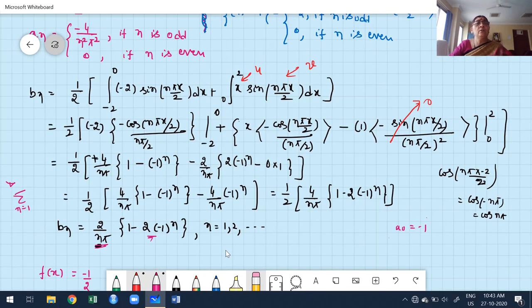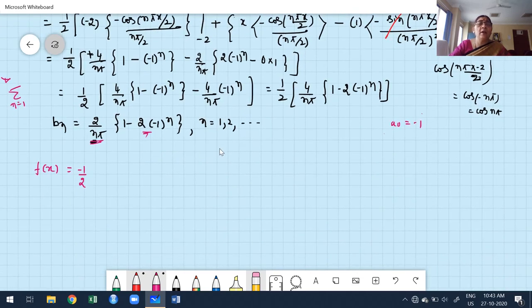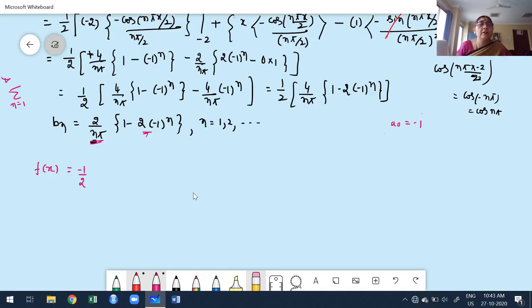In the odd case, what's the value? Minus 4 by n square pi square. What's a constant? Minus 4 by pi square is a constant, but only we are going to take odd values for 1, 3. I told in my previous videos, whenever I have to take only odd or even values, I have to mention the first two values. Otherwise, 1 to infinity means they are mixed with both.